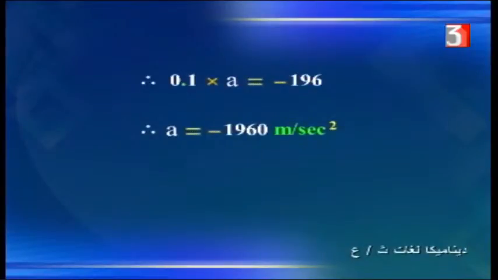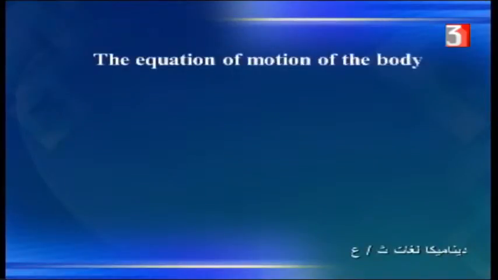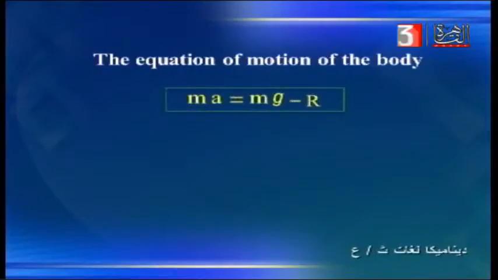What is the equation of motion of the body in the sand? Yes, MA equals mg minus r. MA, the mass times the acceleration, equals the resultant of the forces acting on the body. The body moves in the sand under the action of two forces. The first force, mg, the weight of the body, is vertically downward.